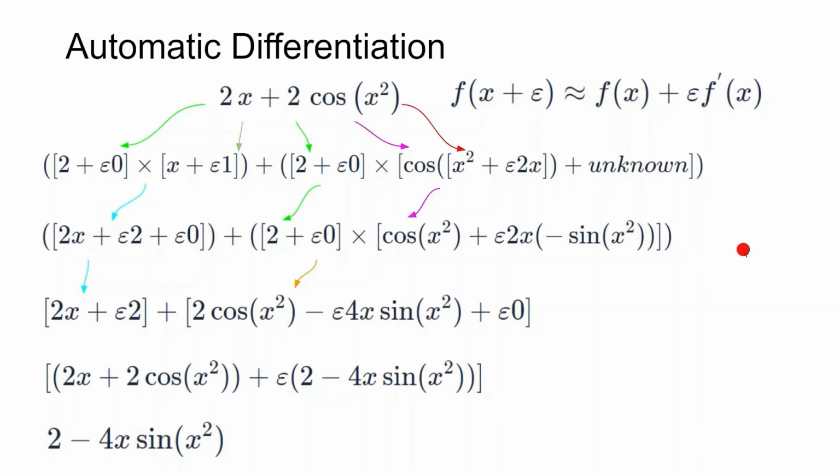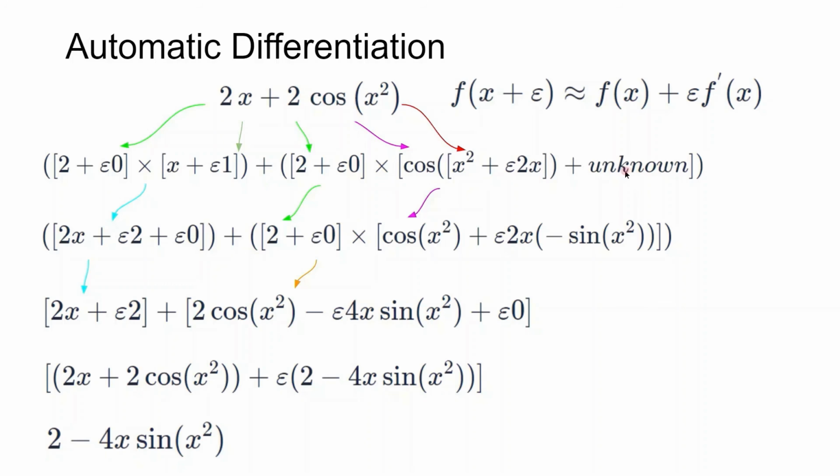Here's a breakdown of how the D operator would go about differentiating an expression such as this. First, every value would be represented as a dual. So we have the cos x squared term. That term is actually a composition of two functions, so the dual representation is not straightforward.